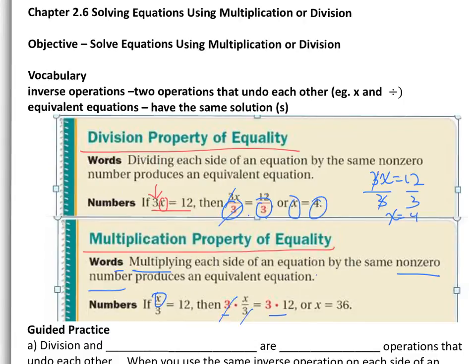I could cancel out the 3 to get x isolated to one side of an equation, and then I can multiply 3 and 12 to get 36. So vertically, cancel, x equals 36.